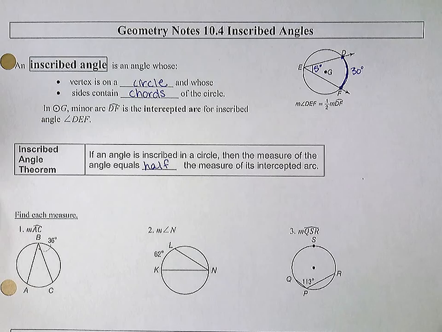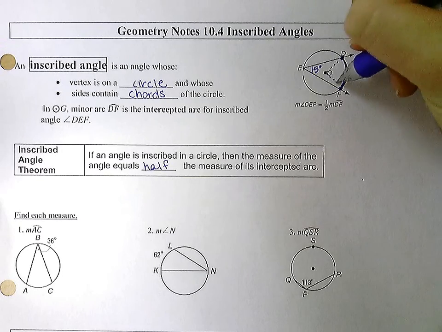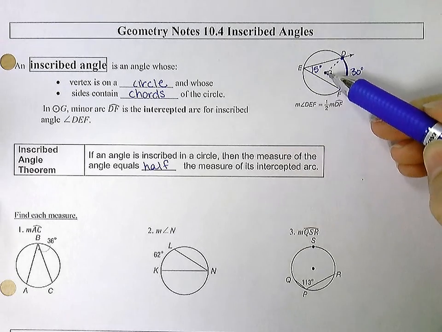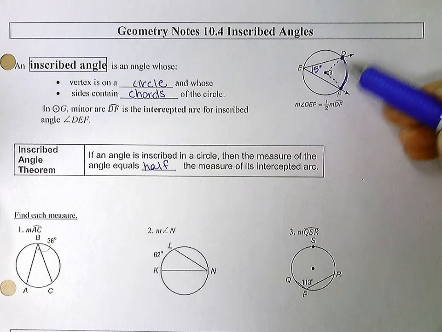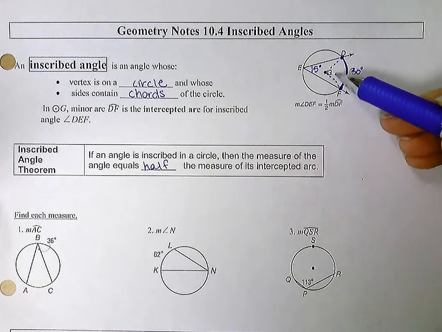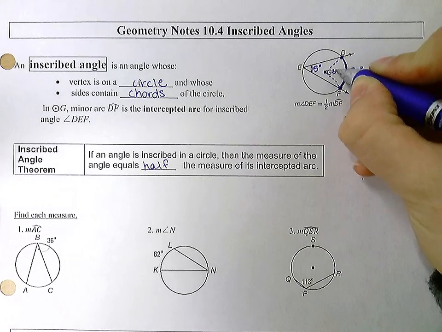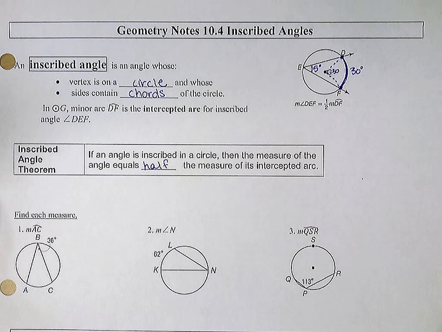Now that is different from your central angle. If I were to draw that in, it would go from point G and it would intercept that arc at D and F still. But your central angle is always going to be the same as your arc. So this angle right here that I made would be 30 degrees.